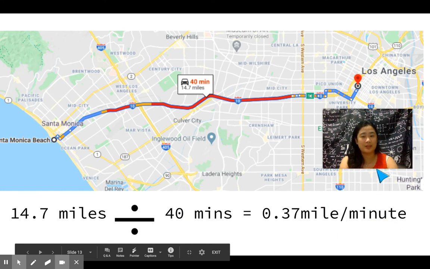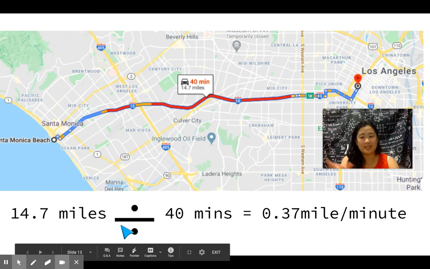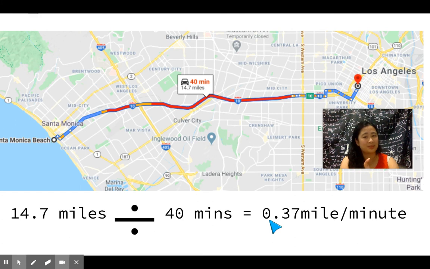And it's also very important that when you do this, you're not doing mental math. You need to use the calculator. You need to go in a new tab in Google Chrome, search for a calculator, and type in 14.7 divided by 40, and you get a long decimal number. When you get that long decimal number, we want to shorten it to something reasonable to read.